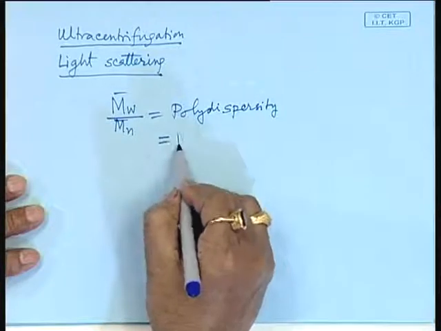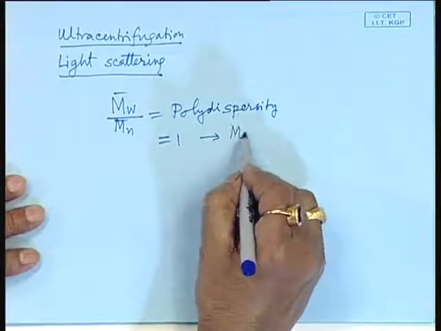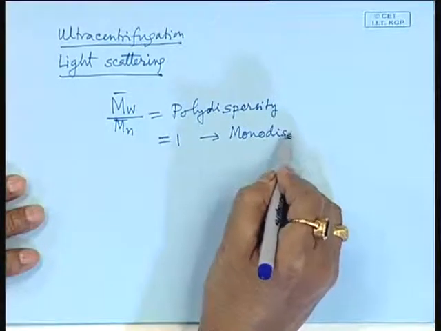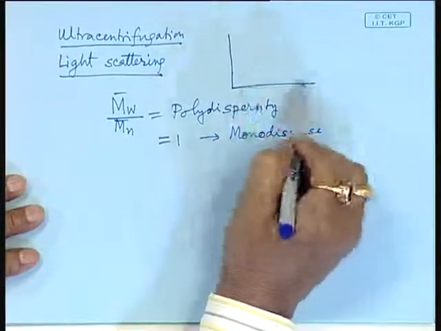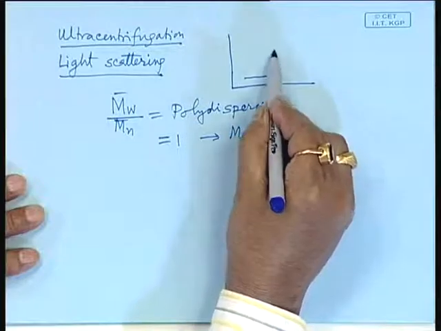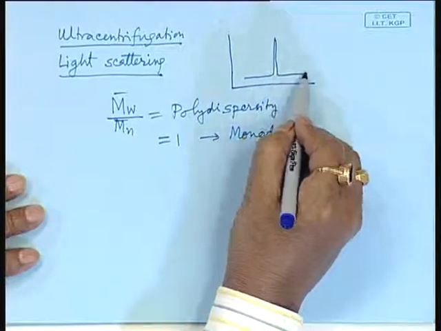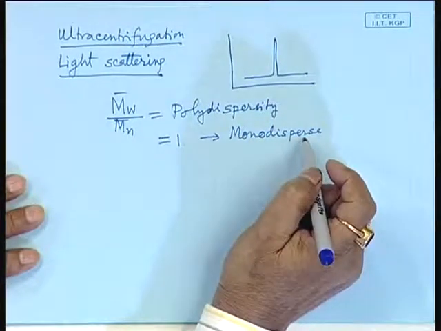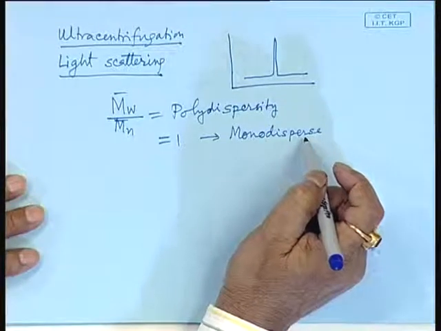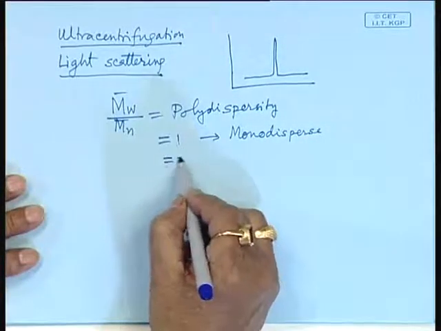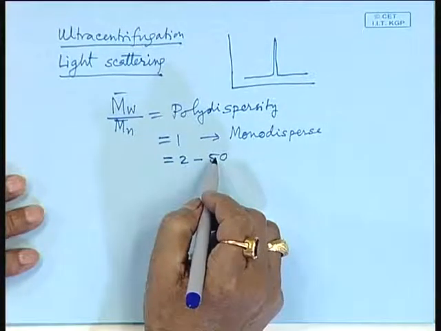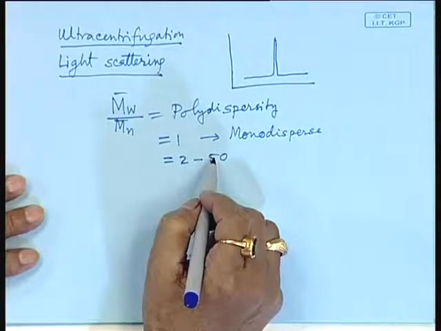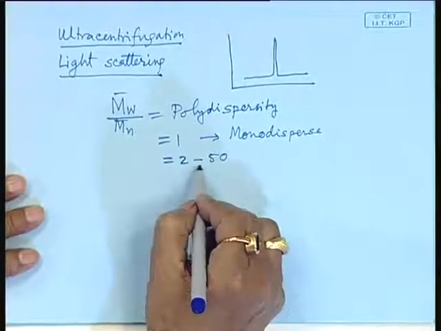If this is equal to 1, it is known as monodisperse. In that case, the distribution curve will look like this, very sharp, monodisperse. Now, polydispersity can be 2 to 50, suppose. If it is more than 1, it can range from 2 to 50.